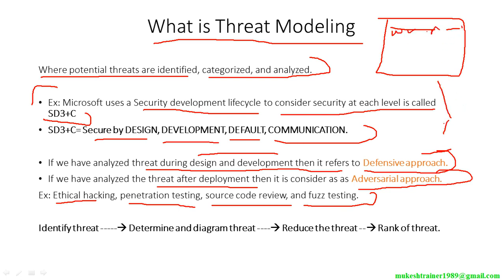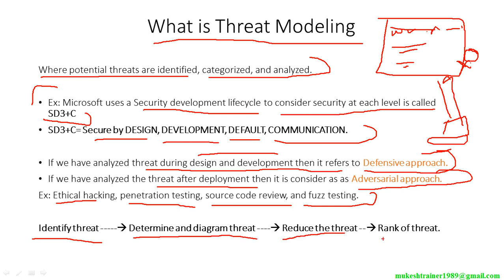I am the user, I do not have access to change the website, but I am penetrating it and finding a way in, and once I am in the website I can make any changes. Then I will suggest that that particular port is open or that particular authentication is open, so it needs to be identified and closed. So identify the threat, determine and diagram the threat, reduce it and rank it.